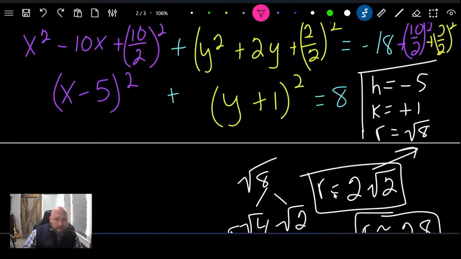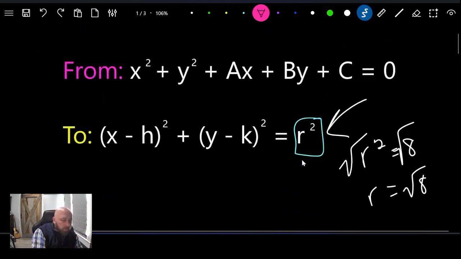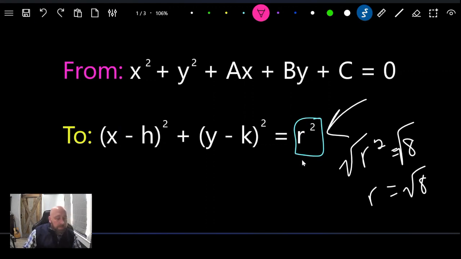Okay. All right, now before we graph this, I said something a minute ago and I said it wrong. So let me go back and talk about this. I said that our h is -5, and I just took it right from here. But it's technically not -5. So let's go back up to our standard form. Our standard form is x minus h. This is one of those really tricky things that you have to remember.